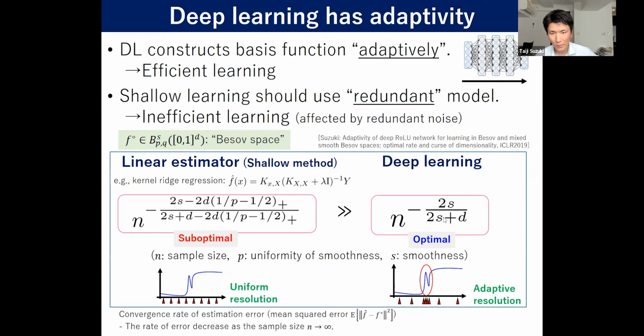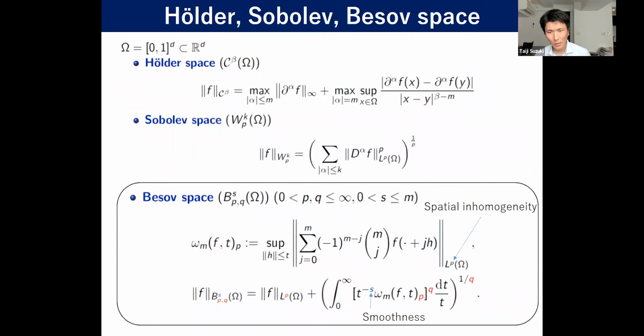I want to explain a little bit more about this result. Here is a definition of the Besov space. I haven't defined the Besov space, but it is defined like this. The Besov space has a close relation to the so-called Hilbert space and the Sobolev space, and it is formally defined like this.